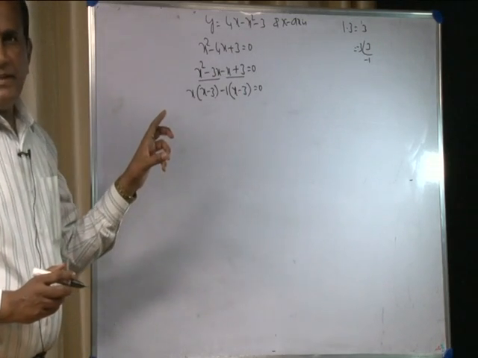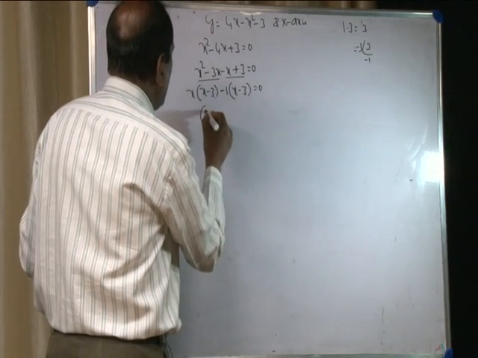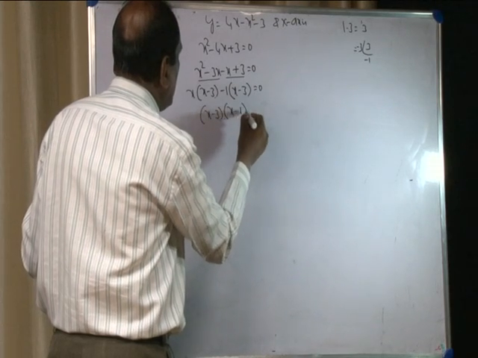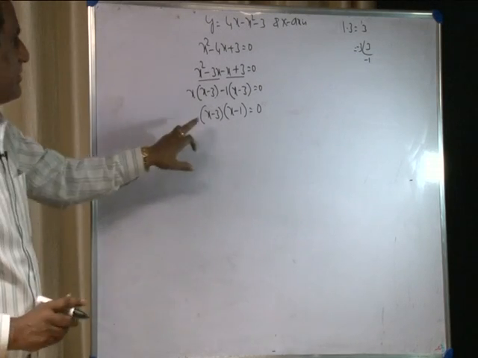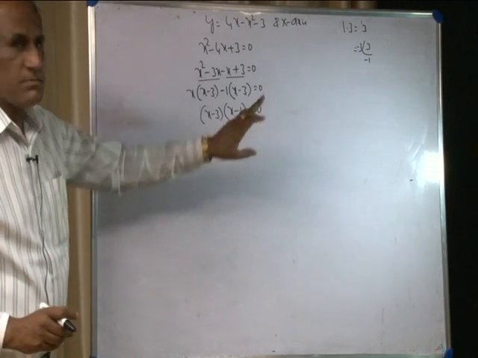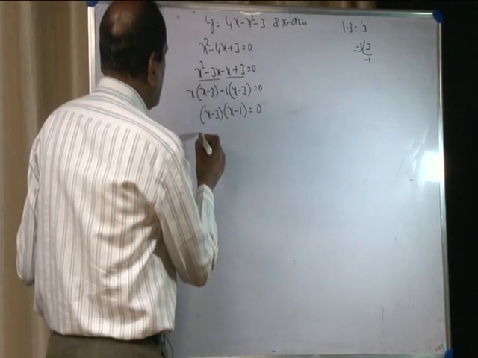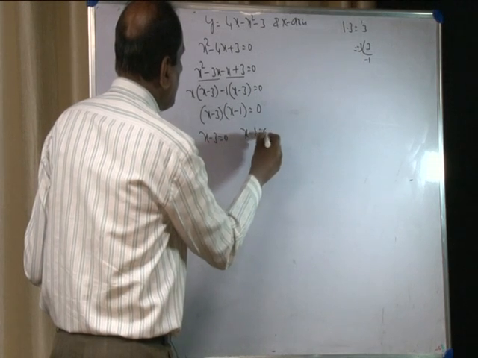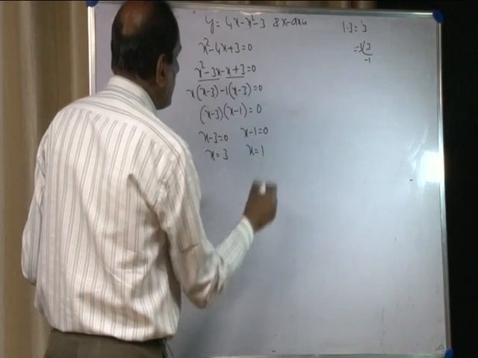Now, between these two terms, the common factor is x minus 3, into x minus 1 is equal to 0. So, x minus 3 into x minus 1 is equal to 0. So, we can write x minus 3 is equal to 0, x minus 1 is equal to 0, x is equal to 3 and x is equal to 1.